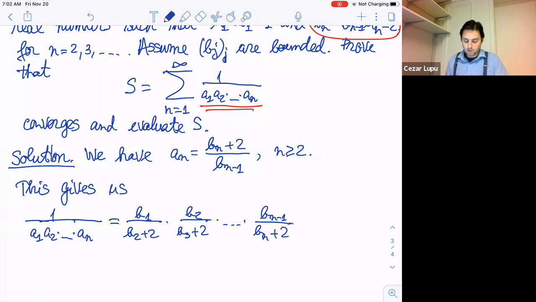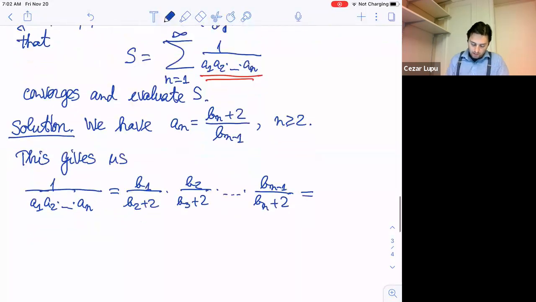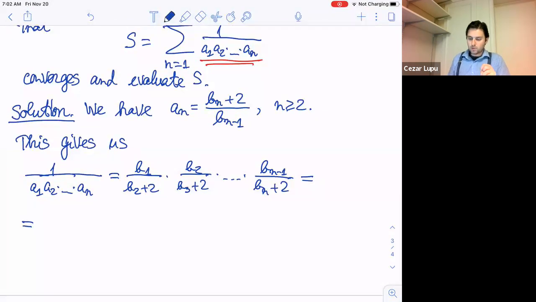I just used the relation above. And if we look closely, now we can group them, you see?